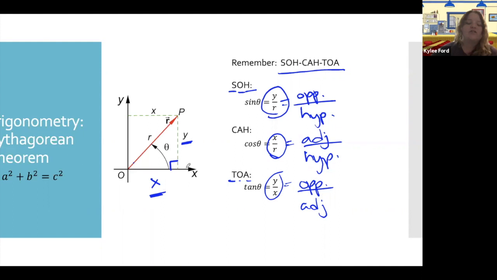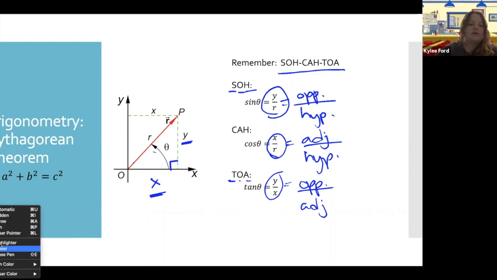Now, we want to remember that we may not always have this exact orientation of our theta. So let me give you guys another example. Let me erase some of this and then I can use the same thing here.